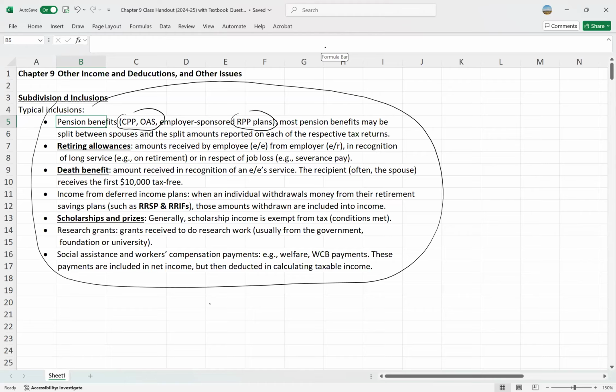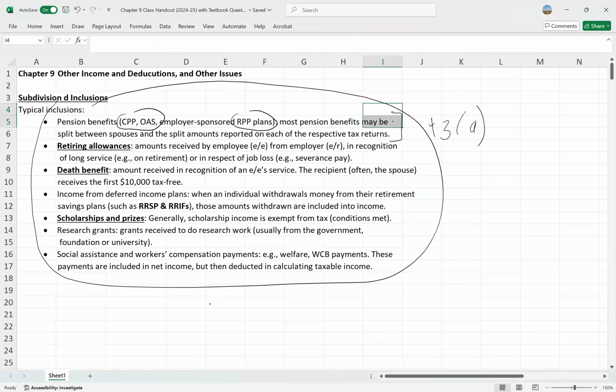So when you do retire and you take money out of your pension from your work, or if you collect CPP or OAS, all those amounts get added to 3A when you're calculating your net income for tax purposes.